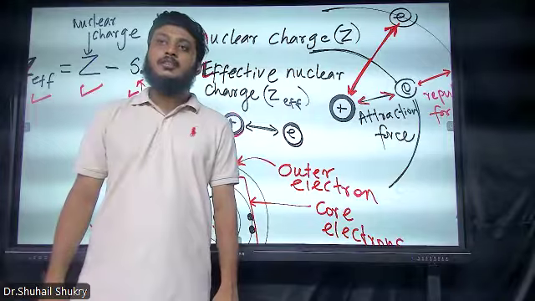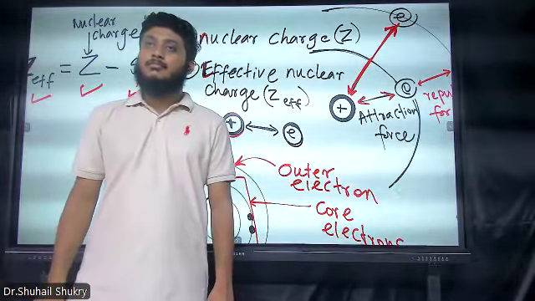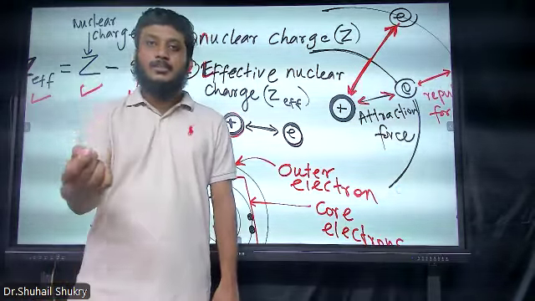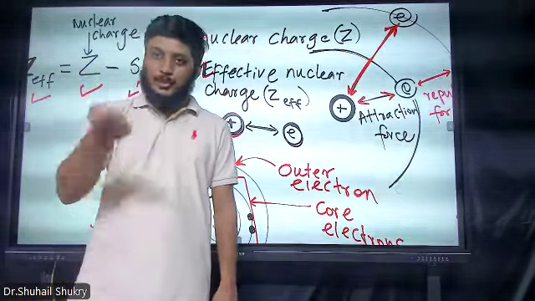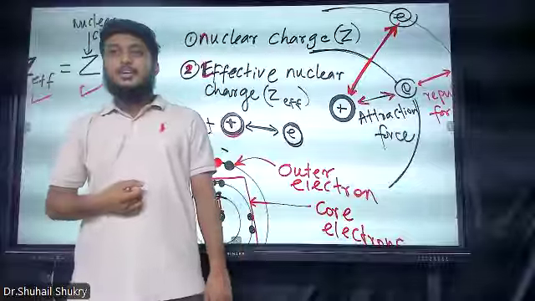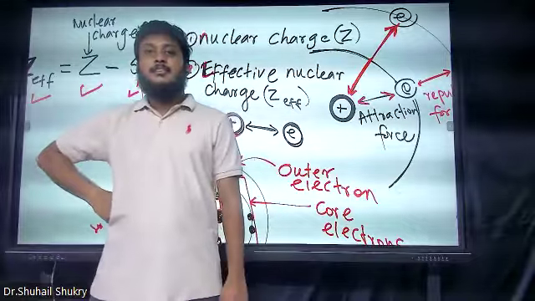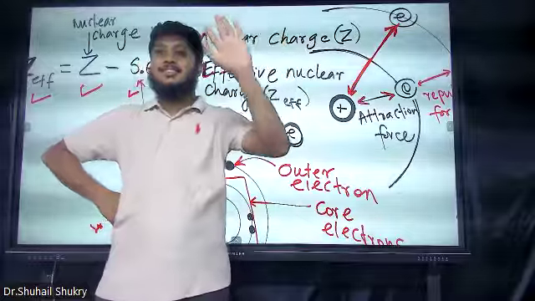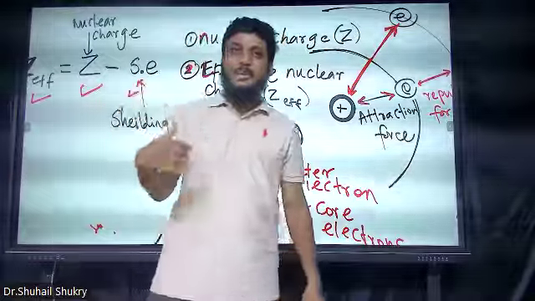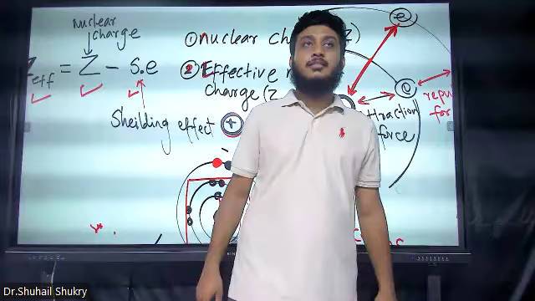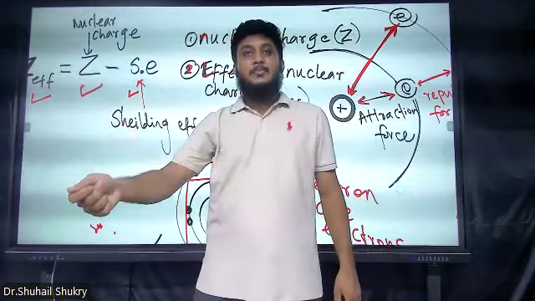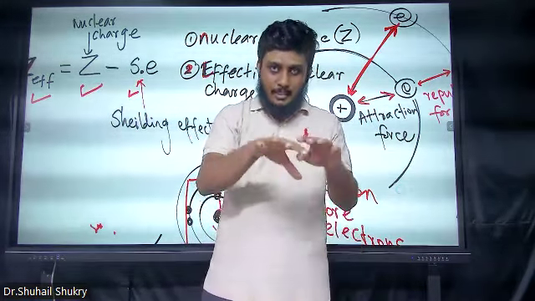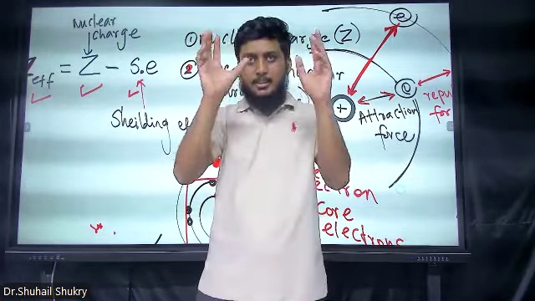Just imagine hydrogen's last electron. Where is hydrogen's last electron? There is only one electron, my last electron and first electron. If you are the only child in your family, first child count and last child count are the same. So for hydrogen, even for the last electron, the effective nuclear charge and the actual nuclear charge are both the same.